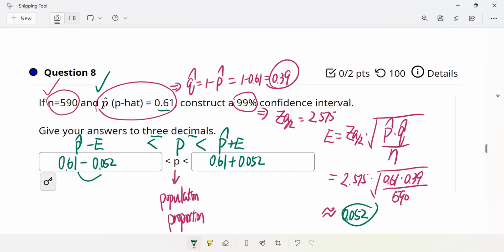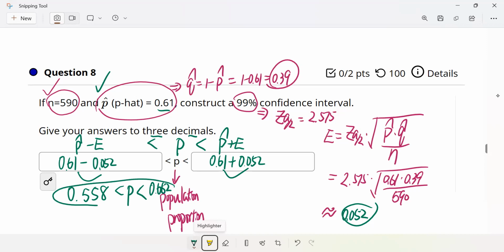And if you calculate those numbers, you get 0.558 on the left, and then on the right you get 0.662. And that's what they want, right? 0.558 and 0.662.